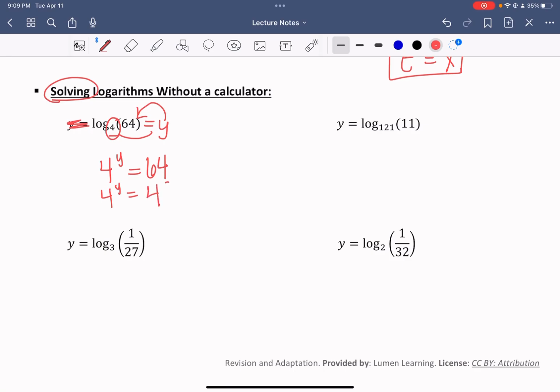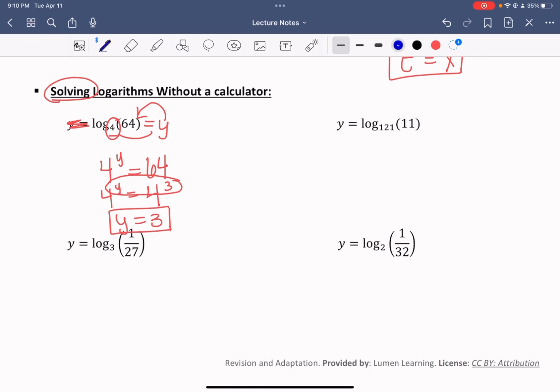But 4 cubed is equal to 64. So I could say, well, that means y would be 3, because that's the only difference between that left and right. And so you really have to get your mindset in that mode of, I'm working with exponentials. Think exponents, not just add, subtract, multiply, divide. Exponents. Let's do another one.